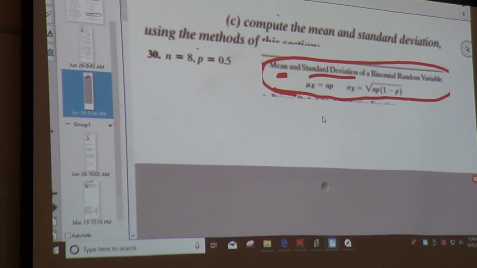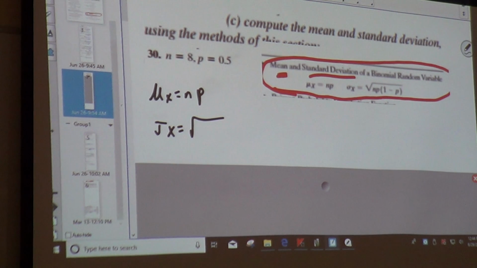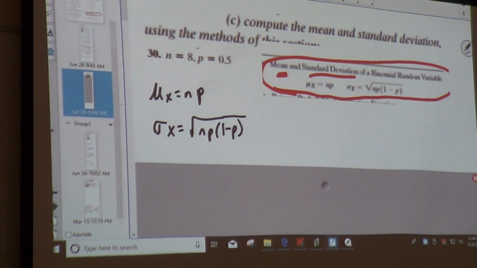It says mean and standard deviation of a binomial random variable: np, and the square root of np(1 minus p). So this is going to be our mean, and this is going to be our standard deviation. And that's from the formula sheet.